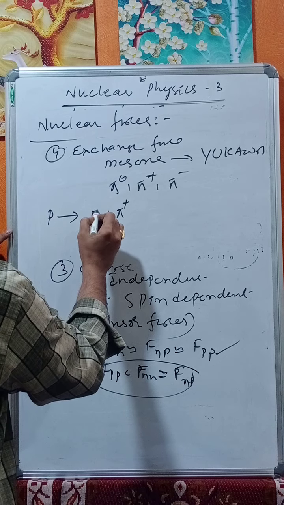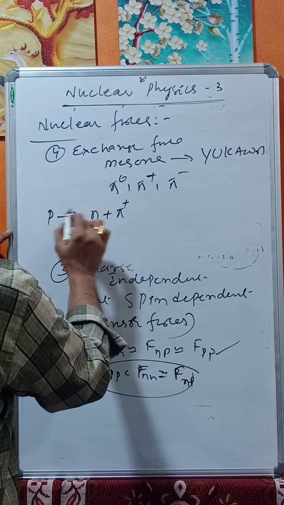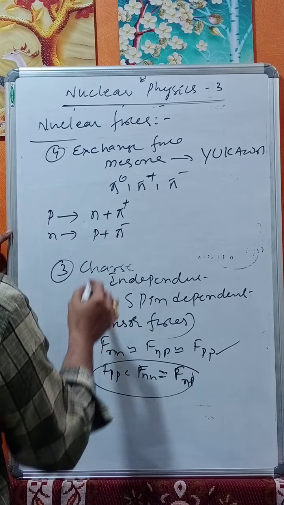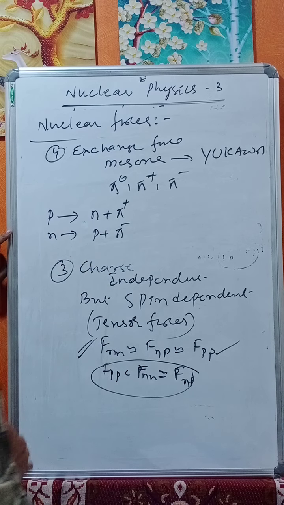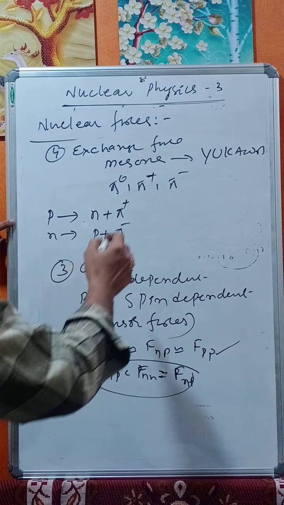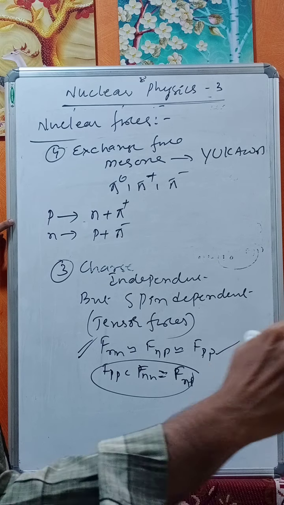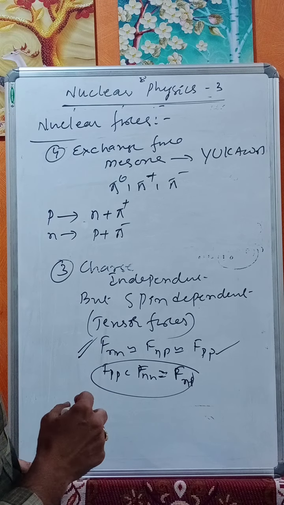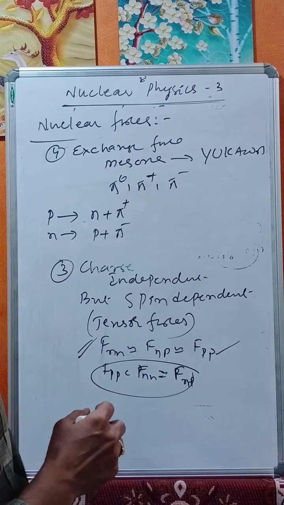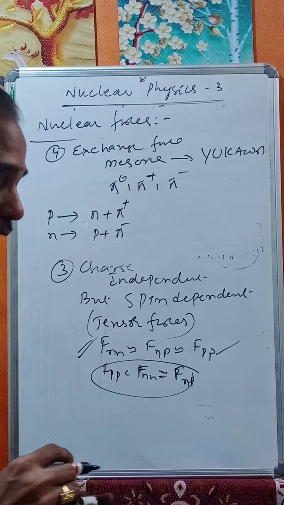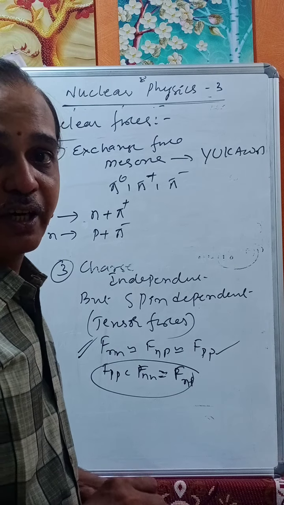Charge should balance: neutron has no charge, proton is positive, and pi plus is positive. Similarly, neutron gives rise to proton plus pi minus, where positive and negative cancel. So they are exchanging pi mesons. These are exchange forces. They exchange fundamental subatomic particles called mesons, introduced by Yukawa. These are three types: pi 0, pi plus, and pi minus. Proton gives rise to neutron plus pi plus, and neutron gives rise to proton plus pi minus. Now in the next class we will discuss radioactivity.